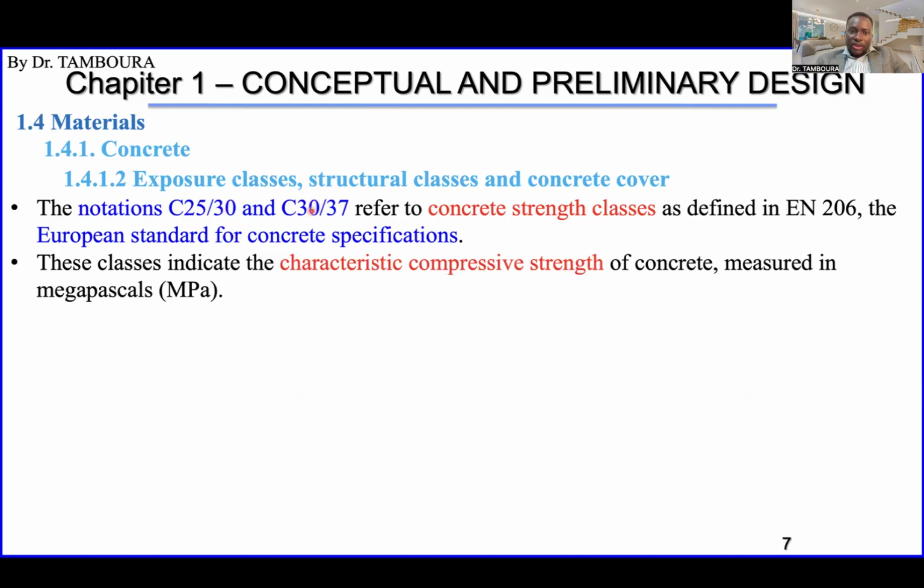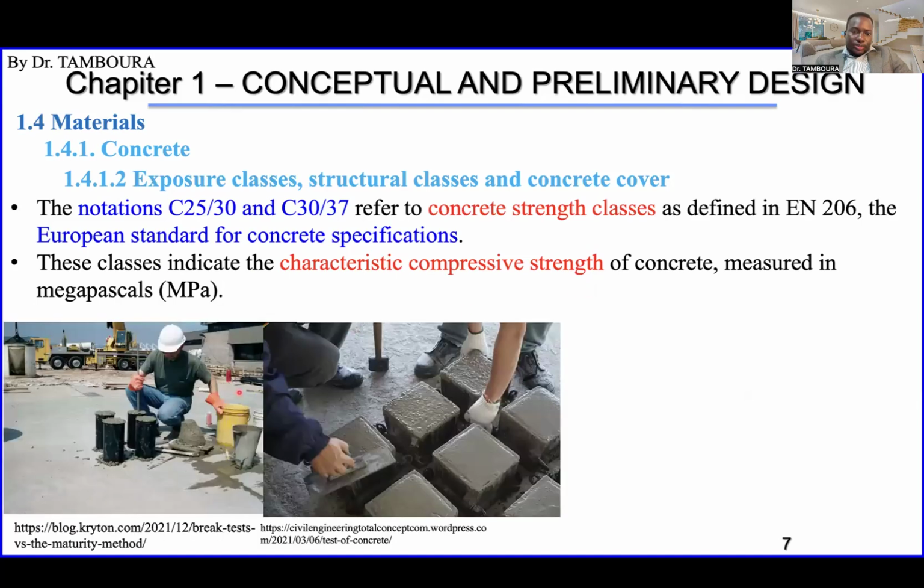So this 25, 30, 30, 37, it indicates the characteristic compressive strength of concrete, not traction, okay, compression. And it is measured in megapascal. So these are some examples.